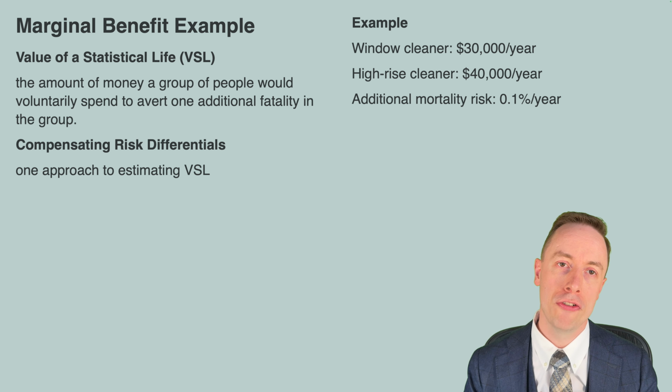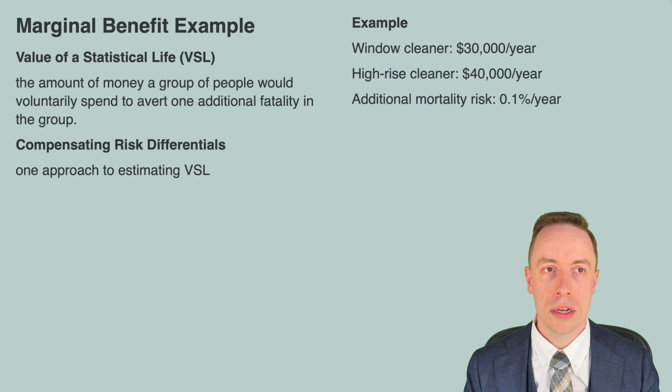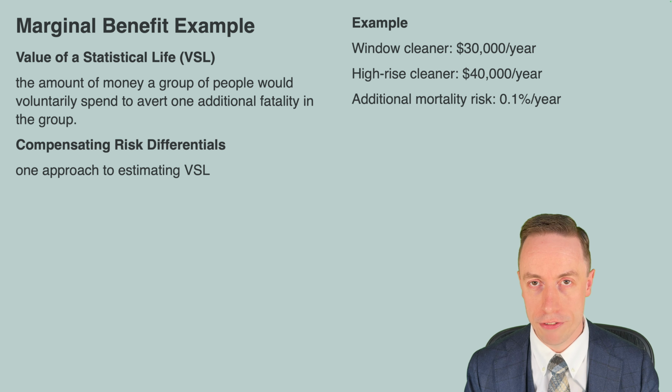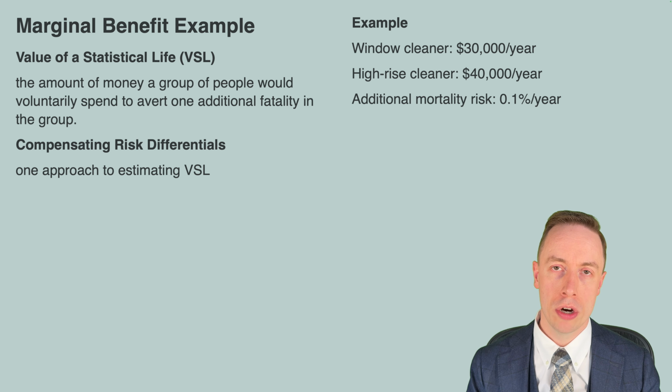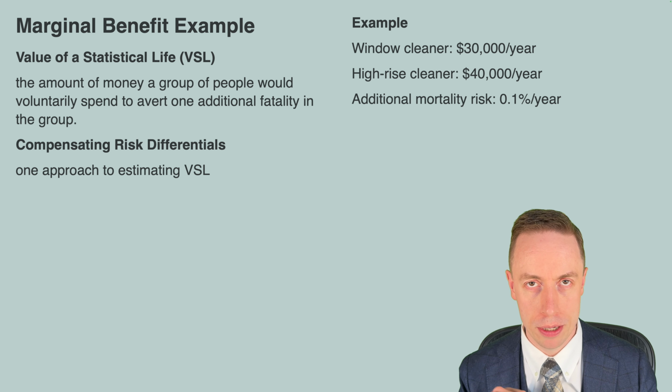One type of external cost that we sometimes have to contend with is that the actions in the market can produce an actual risk to human life. So the regulation we're eyeing here is in terms of reducing the risk across a group of people.